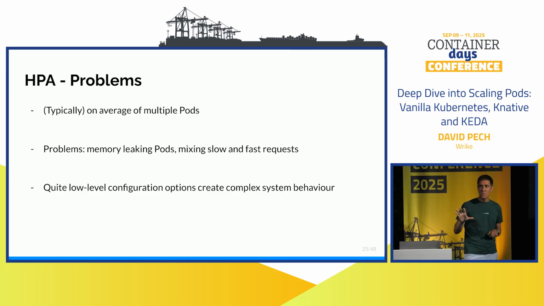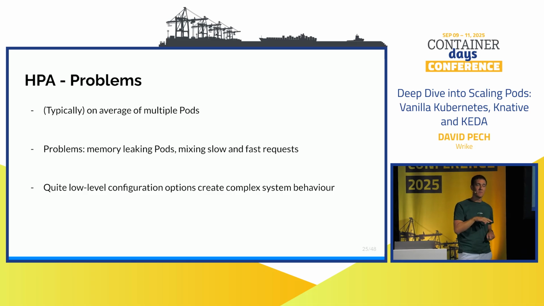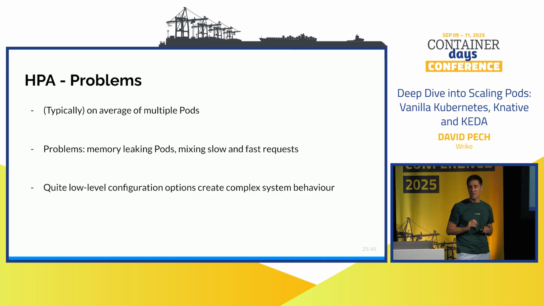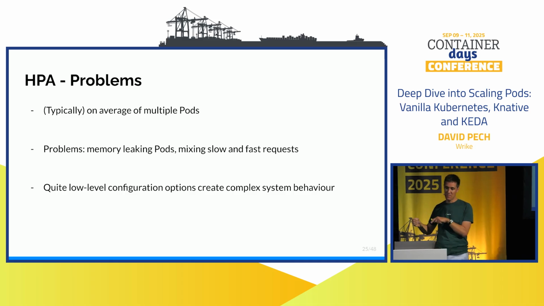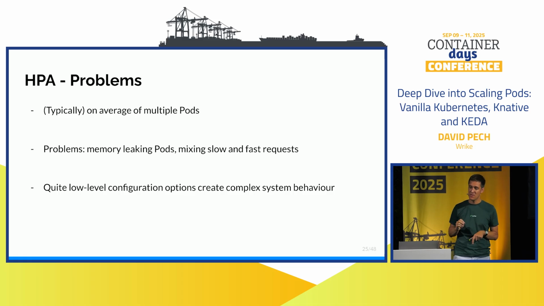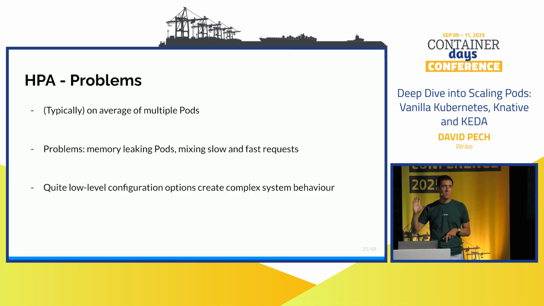So what are some problems that you encounter when you use the HorizontalPodAutoscaler? Typically, you are acting on some average metric. I will show some examples later on. If you have a problem with memory leaking, or for example the CPU going up, there is some problem in the technology, I'm in Java, for example.